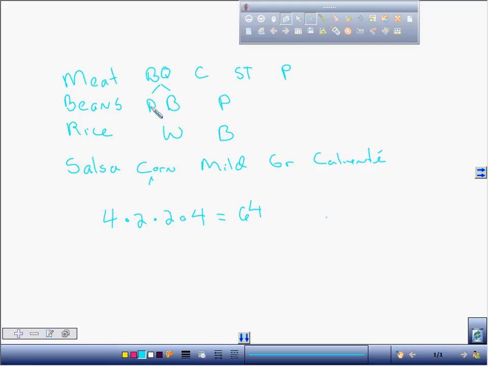Then with pinto beans, white rice or brown rice, and then I get 4 choices of salsa. So here is one choice: barbacoa with pinto beans, brown rice, and mild sauce. Altogether, 4 times 2 times 2 times 4 is 64 different combinations, right?